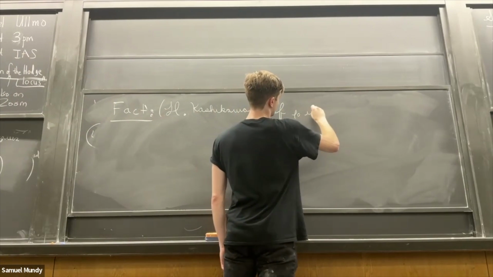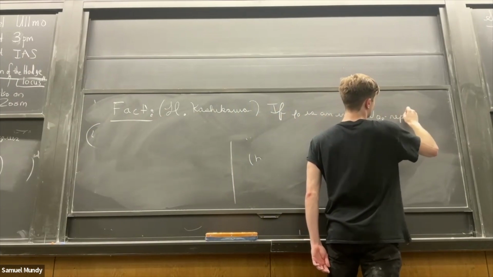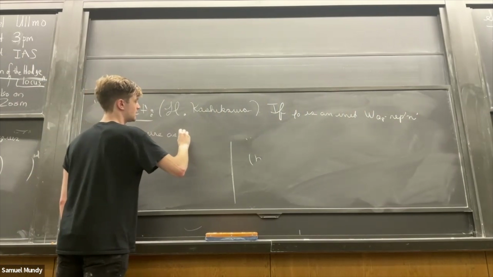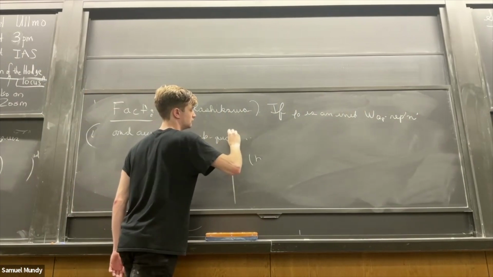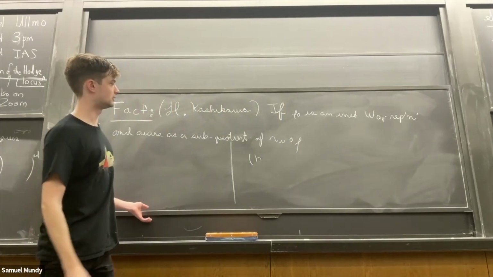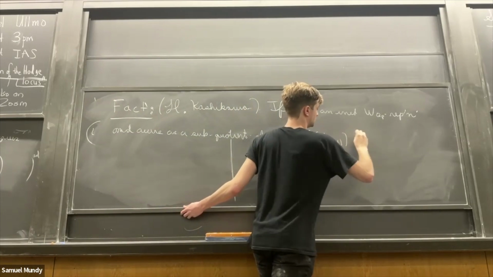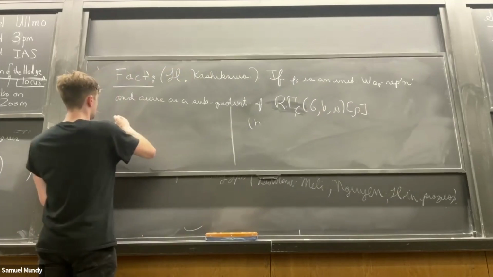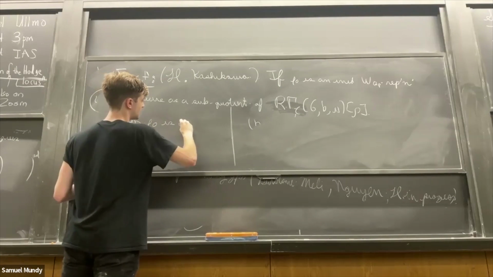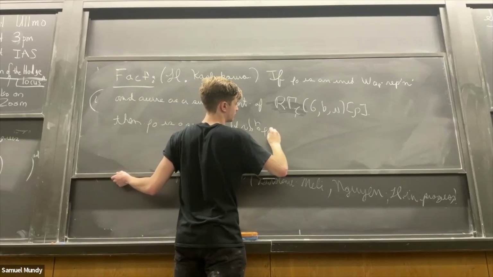So if phi 0 is an irreducible WQP representation and occurs as a subquotient of this complex, R mu composed with, then phi 0 is a summand of R mu composed with phi rho.